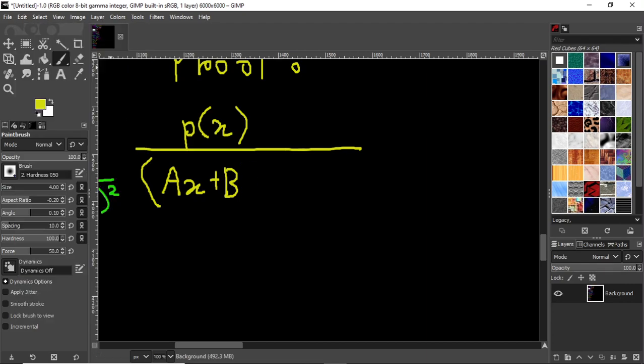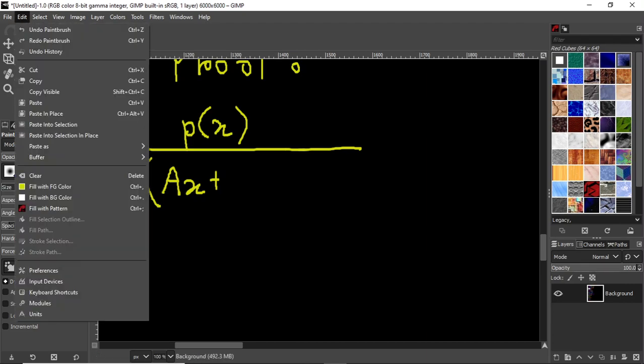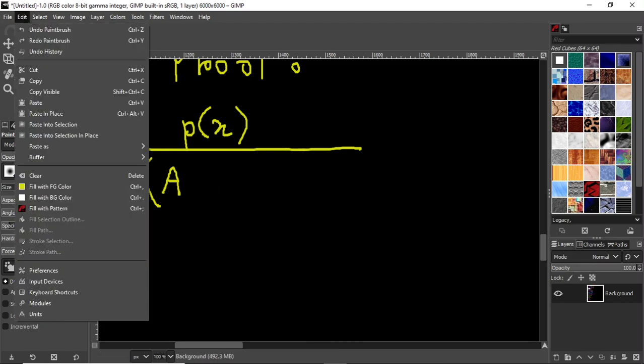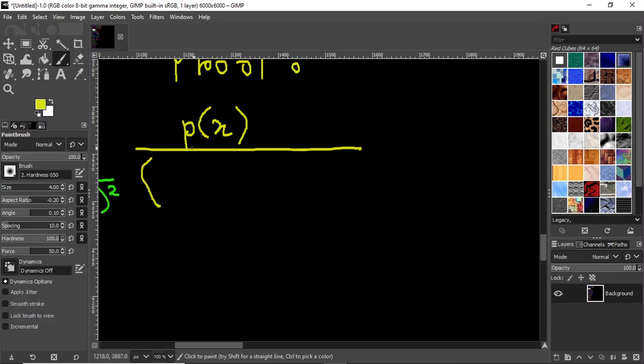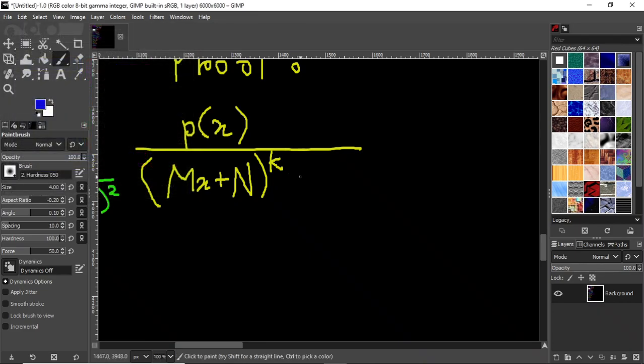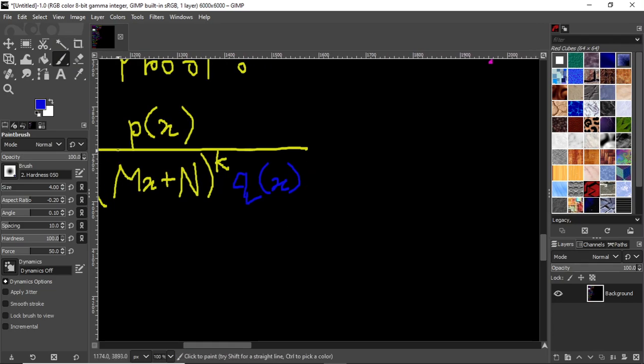Let me use some different letters, so let's say we have mx plus n to some power k, some positive integer power k, and the rest of it can be q of x, a product of some other factors. Doesn't matter what they are.